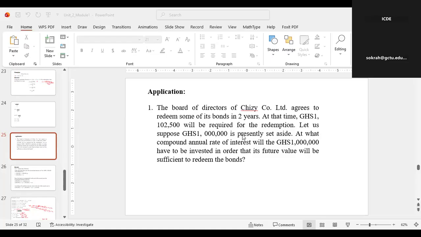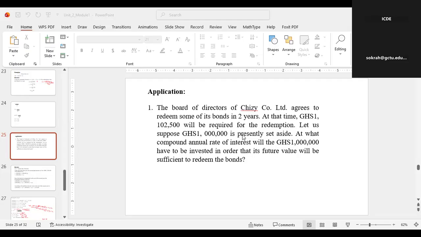And we were to suppose that 1 million is presently set aside. At what compound annual rate of interest will the 1 million have to be invested in order that its future value will be sufficient to redeem the bonds?